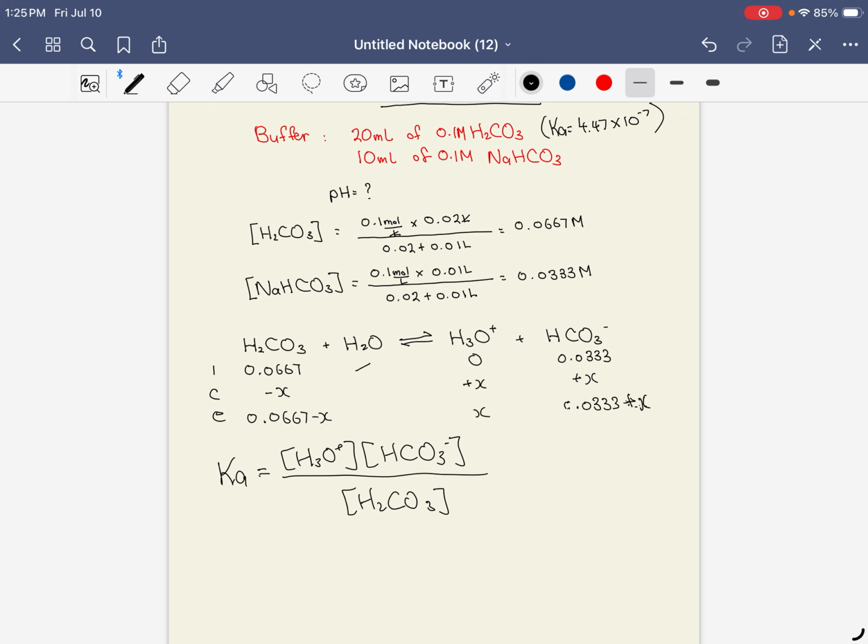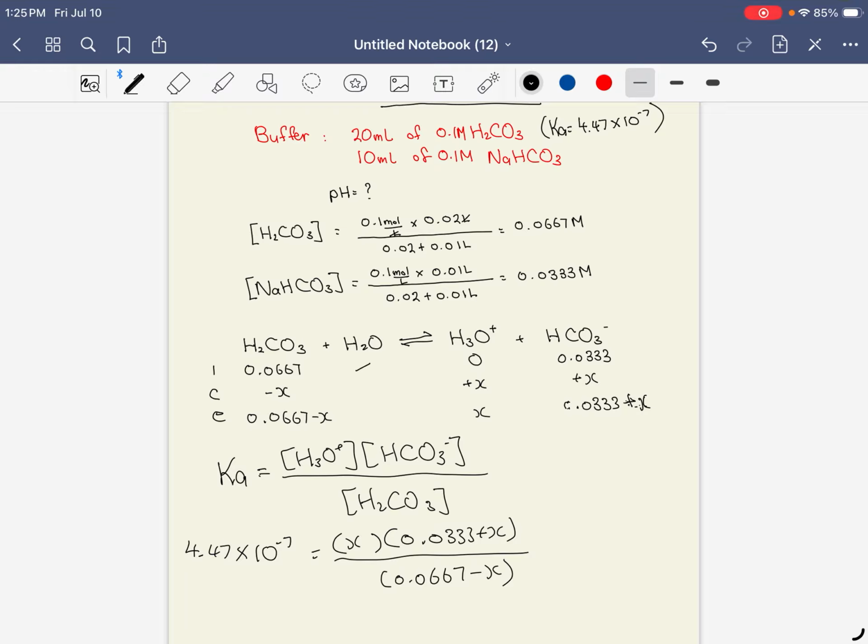In that case, we're looking at 4.47 times 10 to the power of negative 7 equals X times 0.0333 plus X, divided by 0.0667 minus X. Hopefully you have heard of the 100 rule.